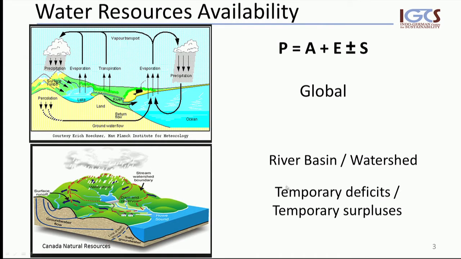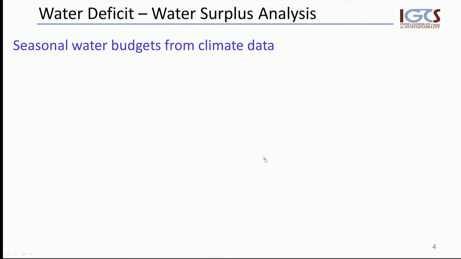Then we have to account for temporary deficits and for temporary surpluses for our water resource availability assessments. Let's look at one of the ways of analyzing these temporary water deficits and surpluses and their applications.